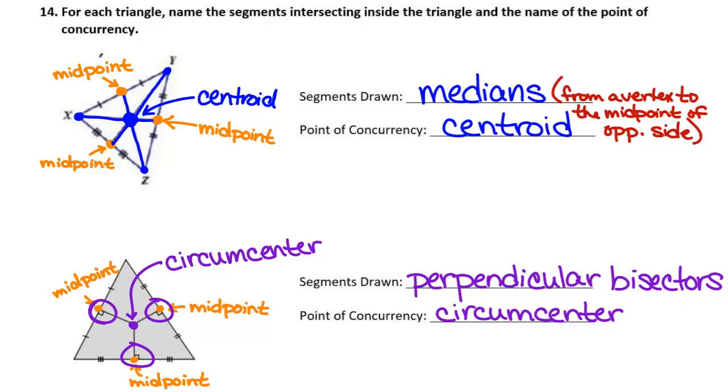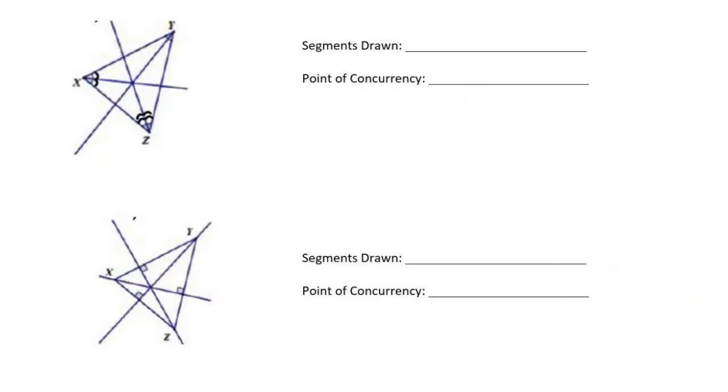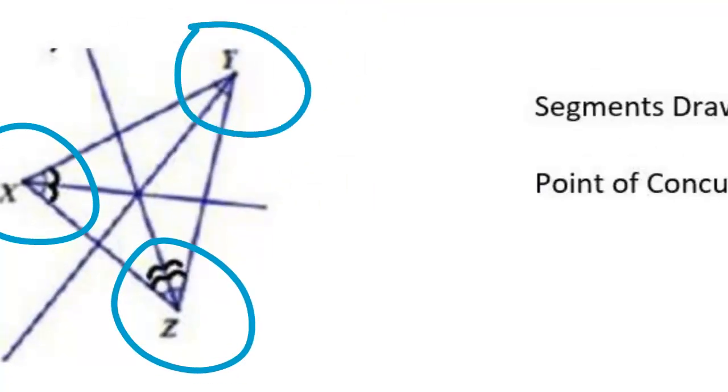Let's look at the third picture down. Does the third picture down show midpoints? Nope. Because I don't see any congruence marks on the sides of the triangle. Do we have anything about perpendicular here? Nope, no right angle markings. But I do notice something going on in each of these corners.